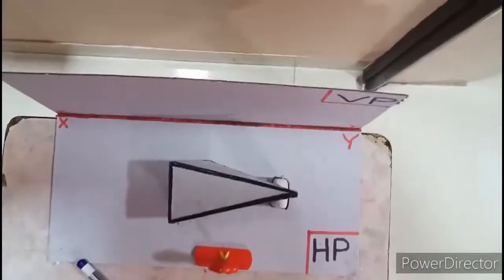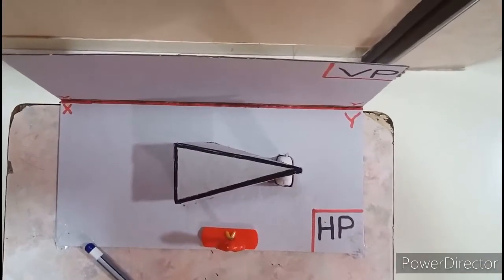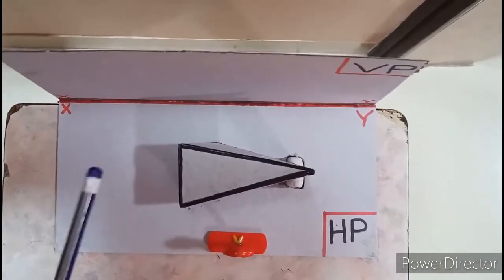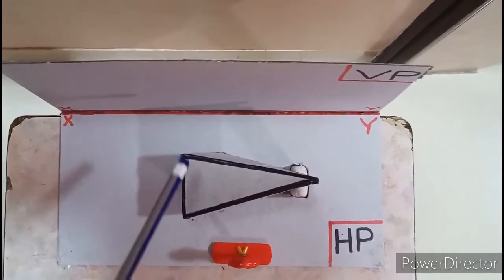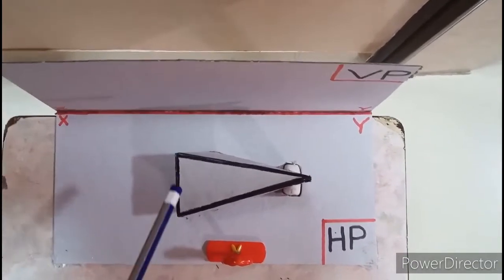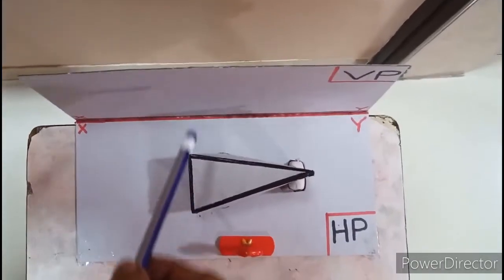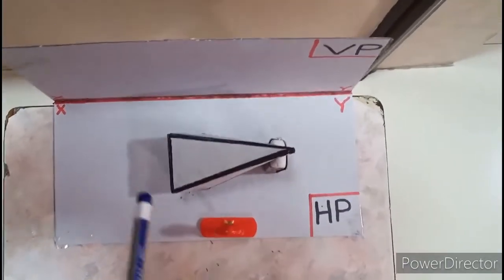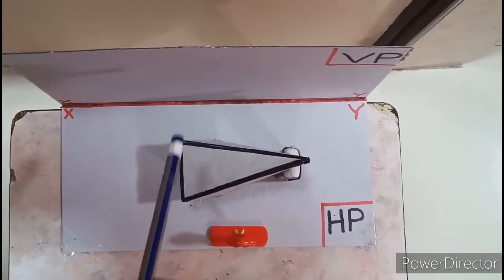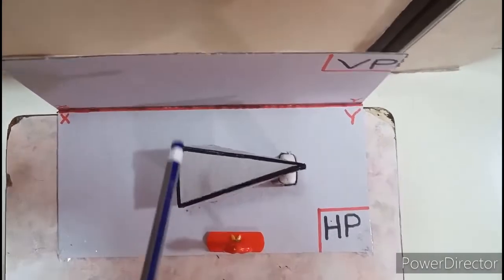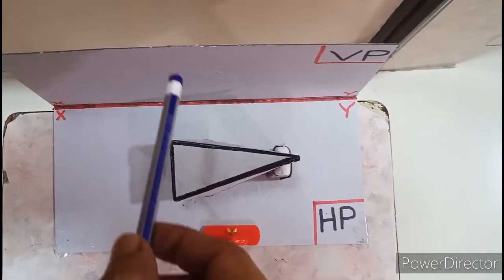Now look at the top view of the second stage. This edge right now is perpendicular. If you extend this edge, it is perpendicular to VP, isn't it? And the observer is over here. What does the third stage say? That this edge has to be 45 degrees to VP. Right now it is 90.